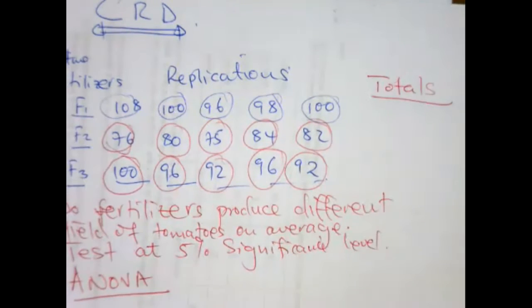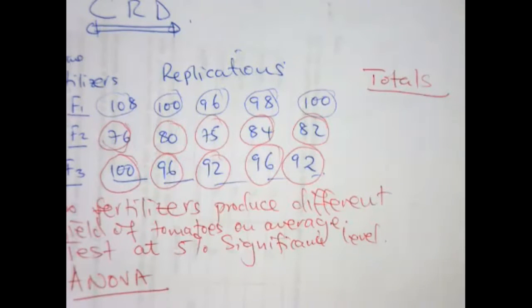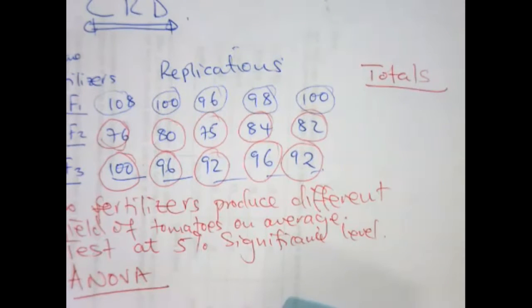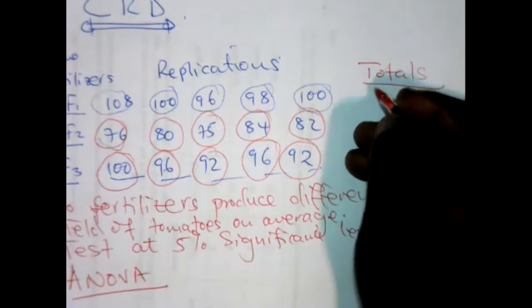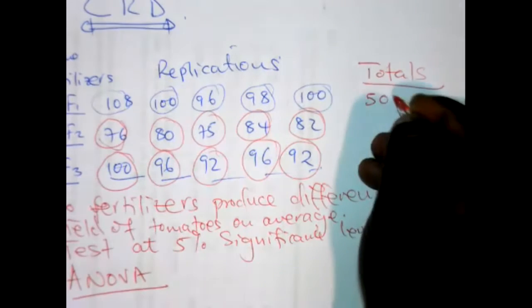So for F1, you may use your calculator: 108 plus 100 plus 96 plus 98 plus 100. The total for fertilizer 1 is 502. You need to verify these figures.